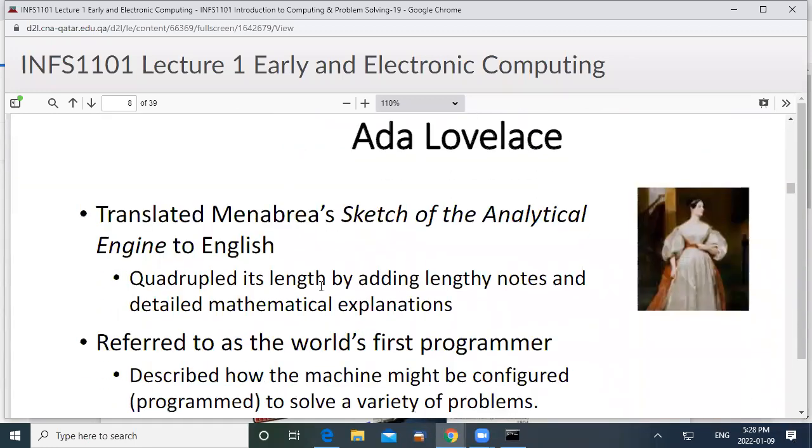And then there was this lady, Ada Lovelace, who is referred to as the world's first programmer. Basically, she came up with a way of putting together an algorithm, a way of solving a problem by a series of steps, that we could use with these analytical engines.